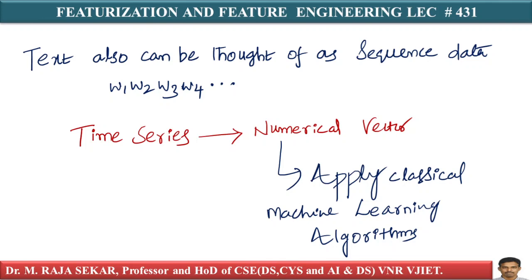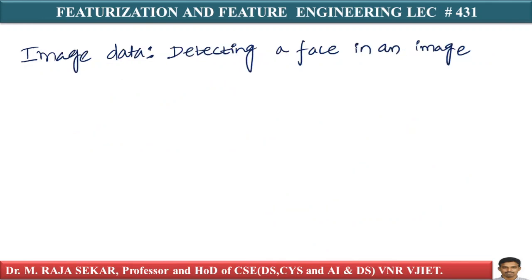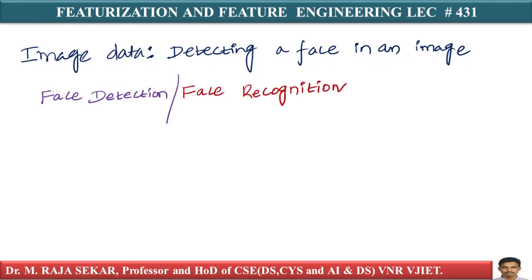Similarly, there are other types of data. For example, let me take image data. In image data there are tasks like detecting a face in an image. You have to answer whether there is a face in the image or not, or recognize the face.